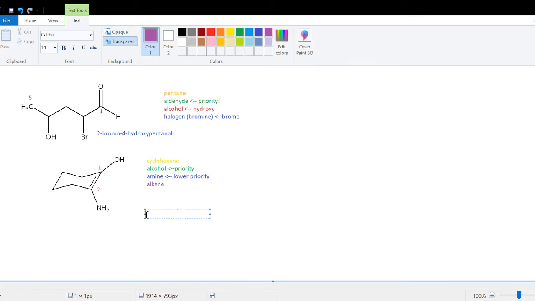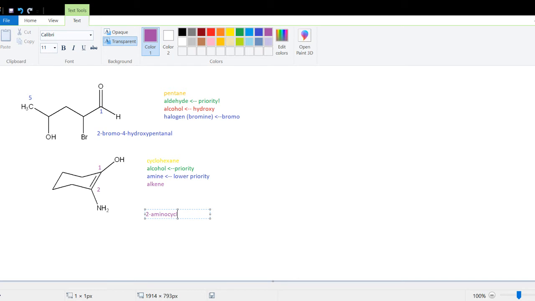So that means I'm going to start off with my 2-amino. If an amine does not have priority, it goes in the front and it's amino, not amine. It's just a very slight difference in how we name amines, whether they are priority or not. It's literally only one letter difference.